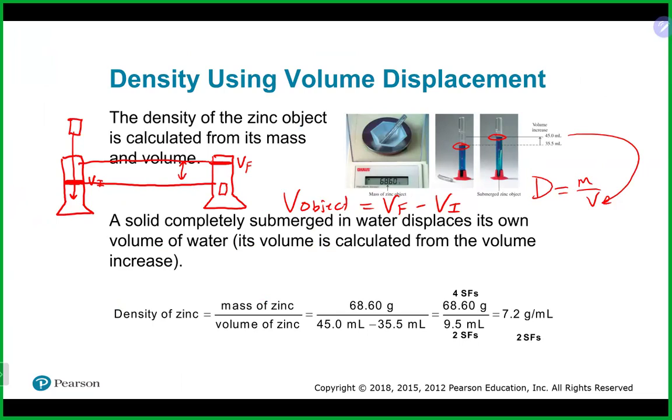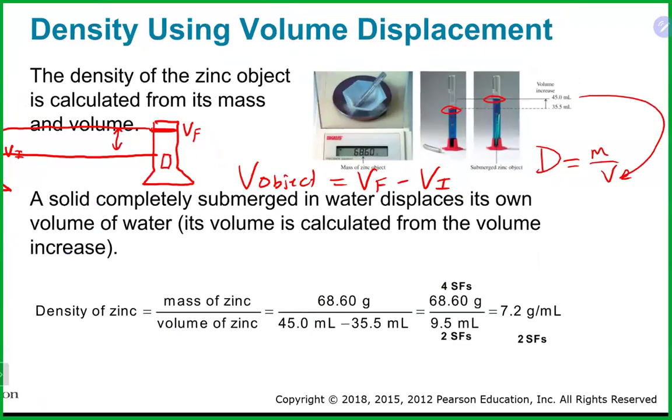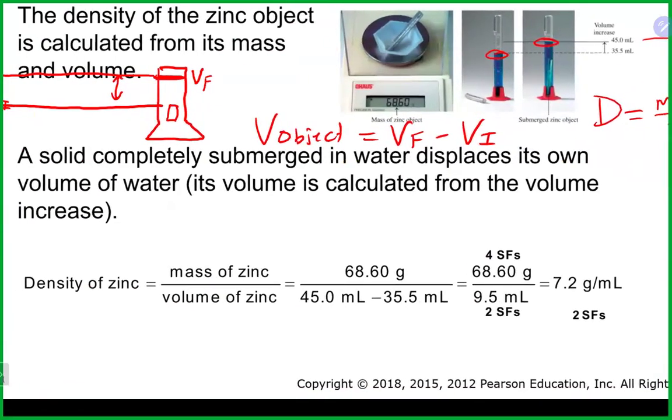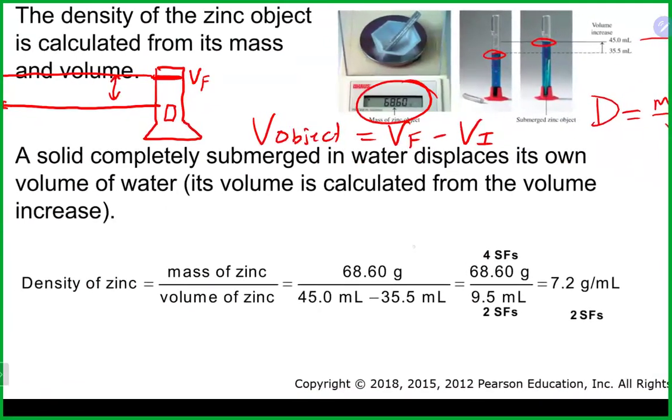So if you use the numbers in this example, the mass of zinc that they weighed out there on the balance was 68.6 grams. The initial volume of the liquid in the graduated cylinder was 35.5. The final volume after they put the solid in there went to 45.